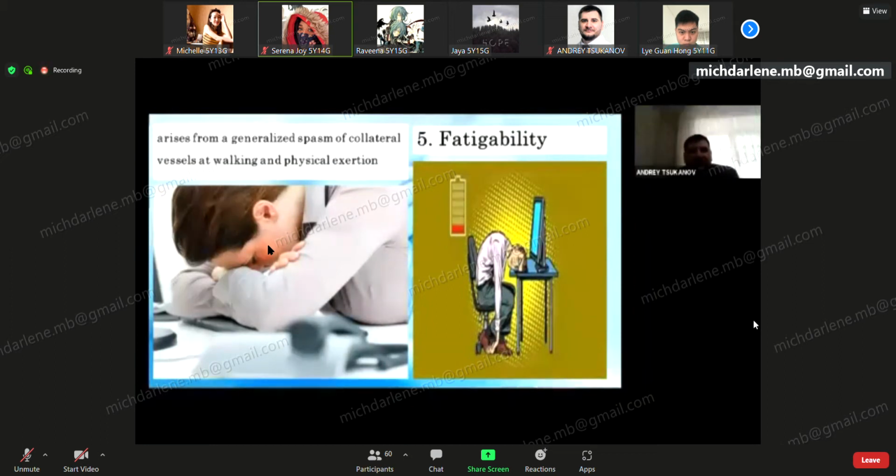Fatigability arises from the generalized spasm of collateral vessels at walking and physical exertion.